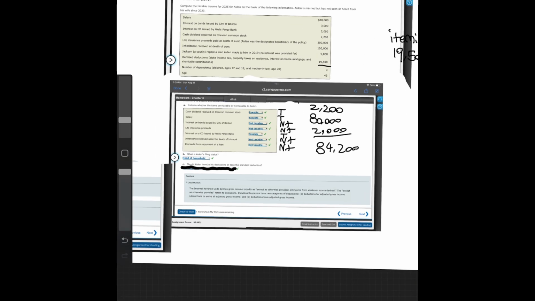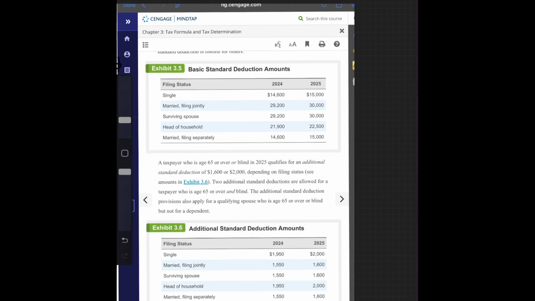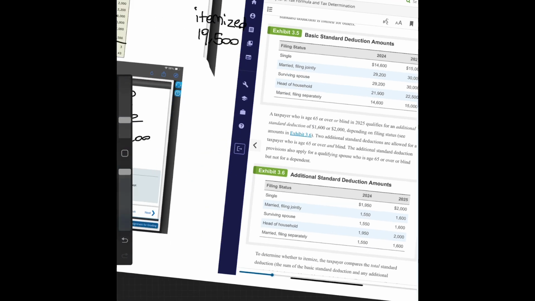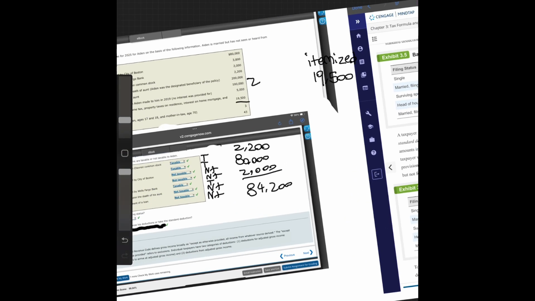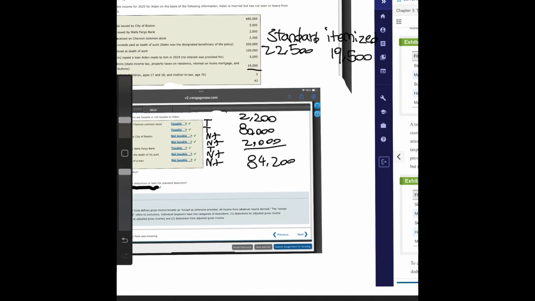So right here. And since he's head of household, he qualifies for 22,500. Okay. So that means you take the bigger of the two, which is the standard deduction, and that's what we go with, standard deduction.